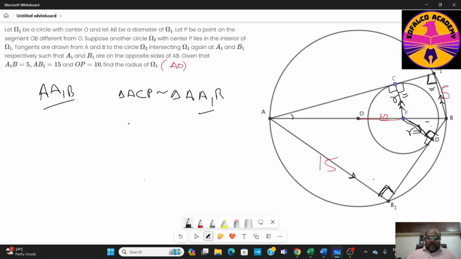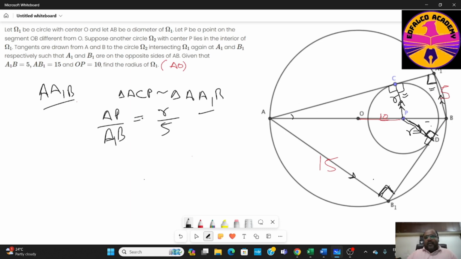Now, once we have established that fact, we can directly say that AP by AB, where AB is the diameter of the circle, will be equal to r by 5. We have assumed that this smaller inner circle has radius r, and this length is 5, so r by 5.